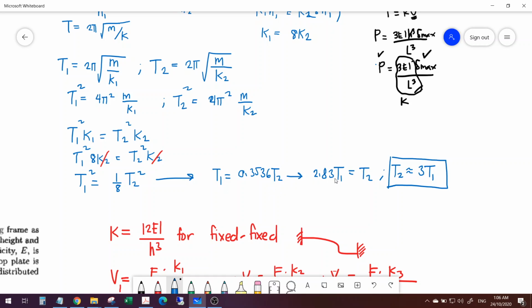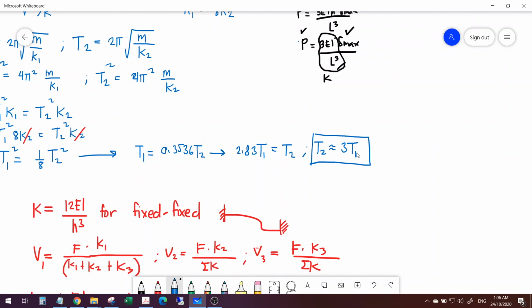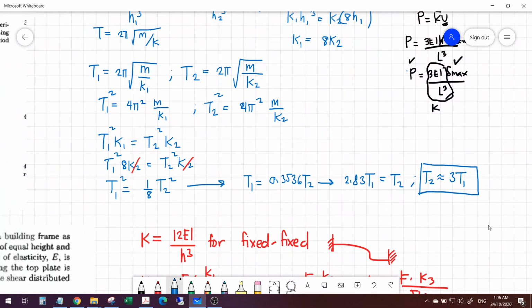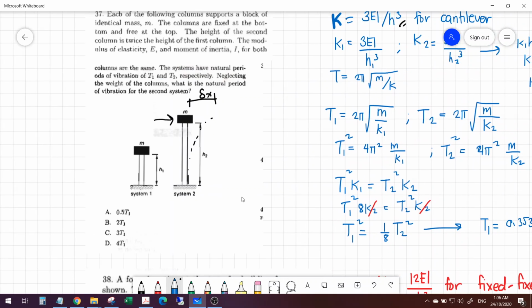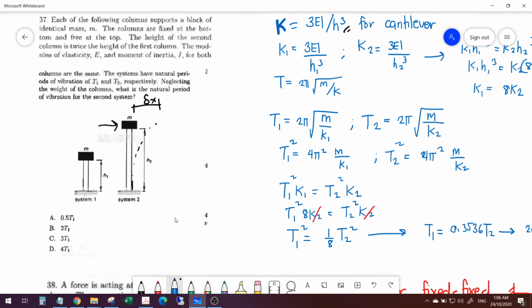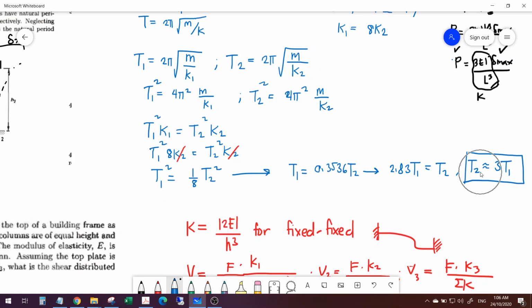Or kung babalik tayo rin yan, you have 2.83 T1 is equal to T2. Or roughly, yung period ng T2, yung mas mataas na structure, is 3 times ng period ng mas maliit na structure. Okay? So ganun yung epekto, no? Twice yung height niya, yung epekto niya sa period is 3 times of the period of the first system. Okay?